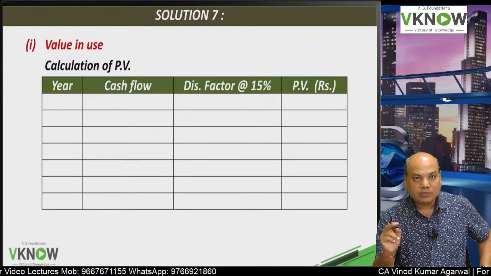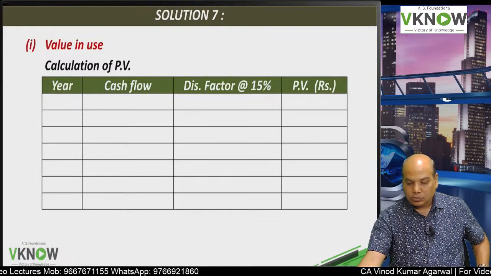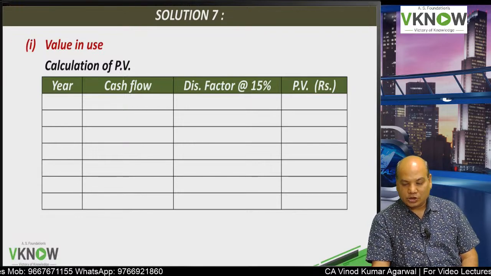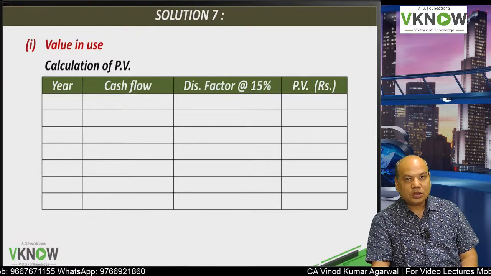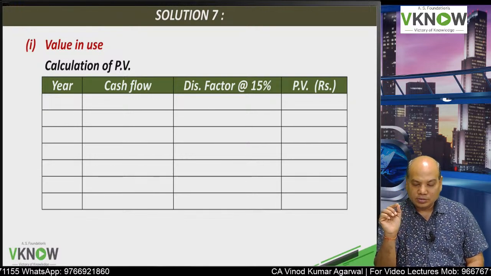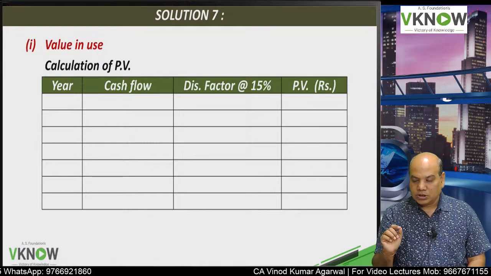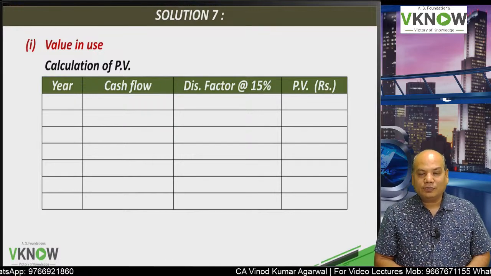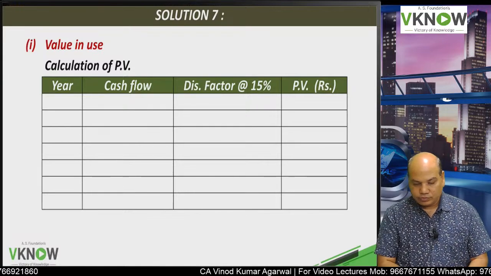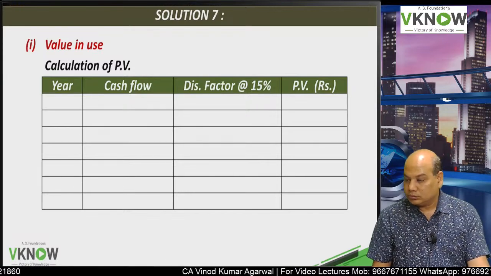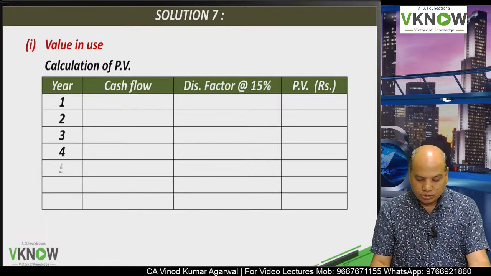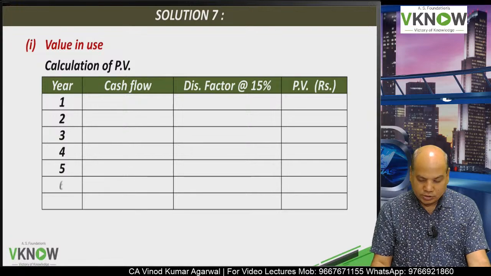So write down first value in use. Value in use means calculation of present value of future cash flow. In this question, discounted at 15%. So our table will be year, cash flow, discounting factor at 15% and present value. Is it right? So first we will write down year 1, 2, 3, 4, 5, 6.